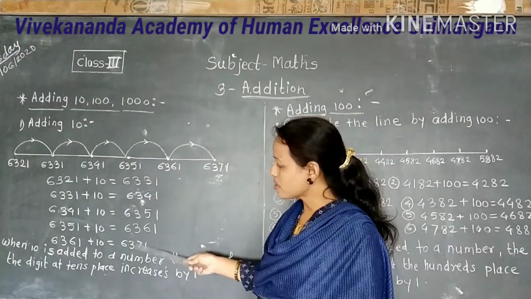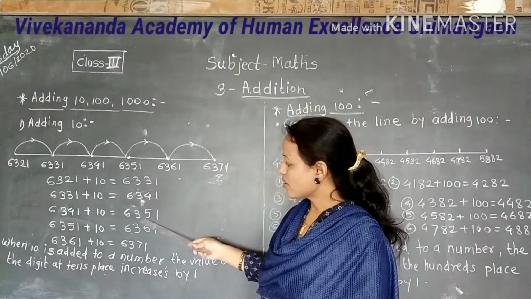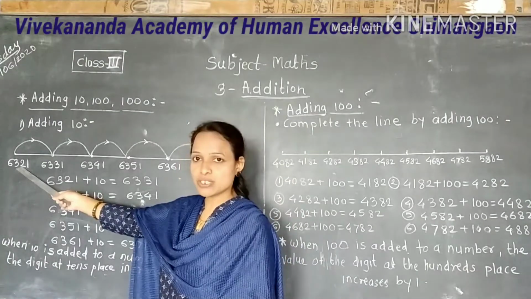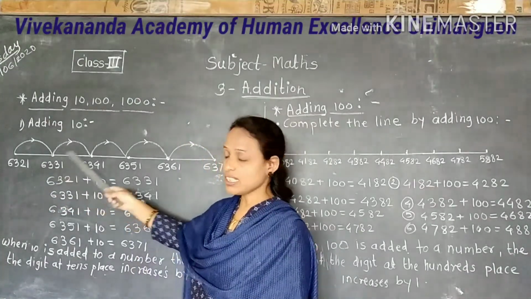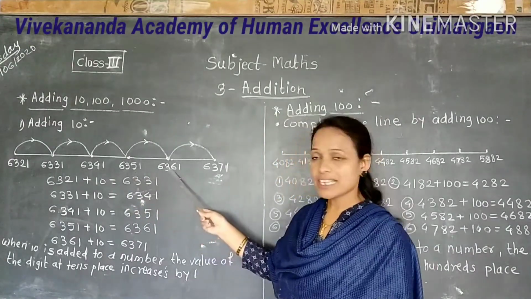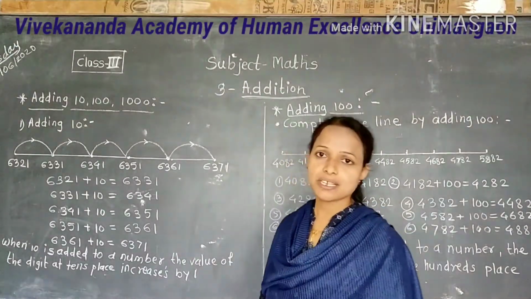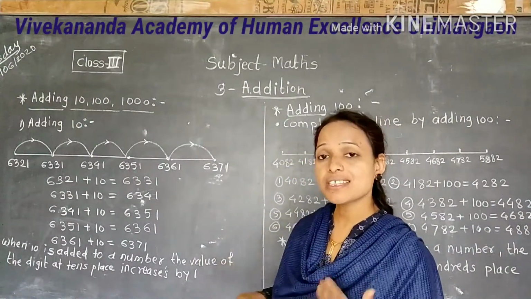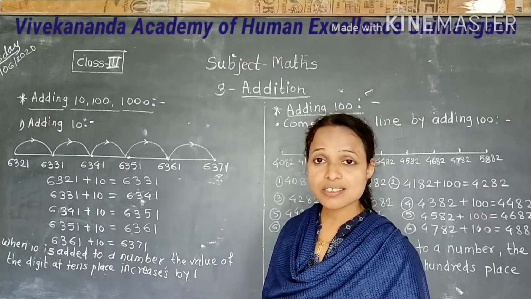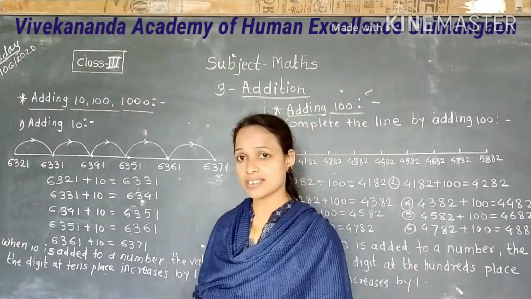If you observe the tens place, look here. First tens place 2, second number tens place 3, third number tens place 4, fourth number tens place 5, fifth number tens place 6, and next tens place 7. Means you observe the tens place, it every time increases by 1. And 100 and 1000 are similar.